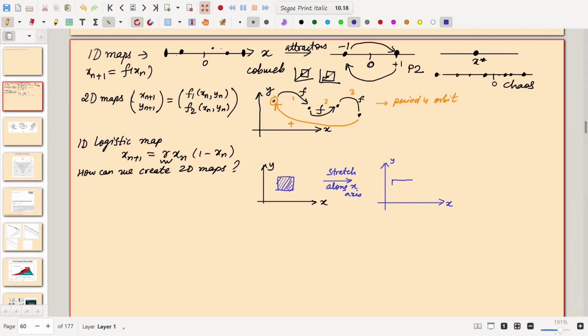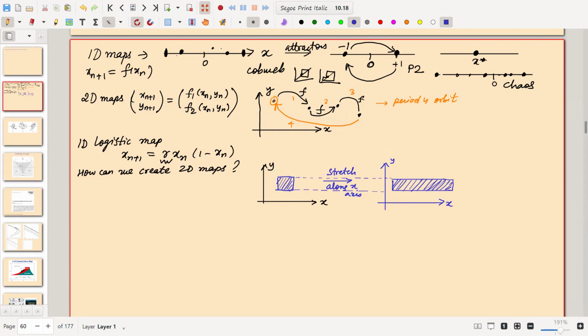Let us be perfect in this case. You can see the y-axis is pretty much the same, isn't it? However, the x-axis has got stretched, right?